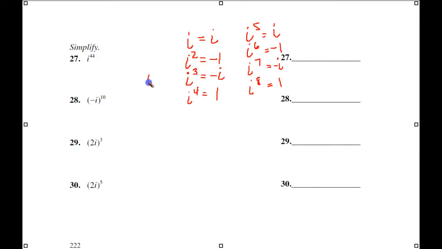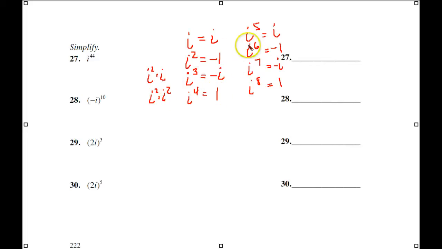Well, actually that's i to the second times i. Well, i to the second is a -1, so -1 times i is -i. And i to the fourth is i squared times i squared. -1 times -1 is a positive 1.